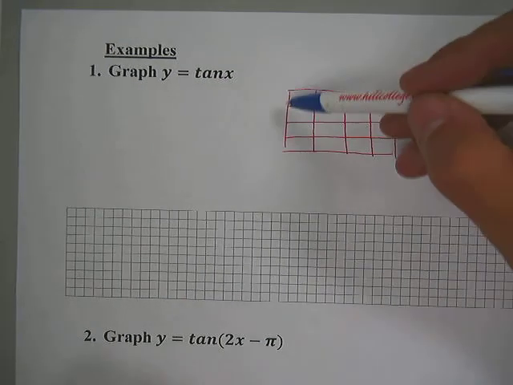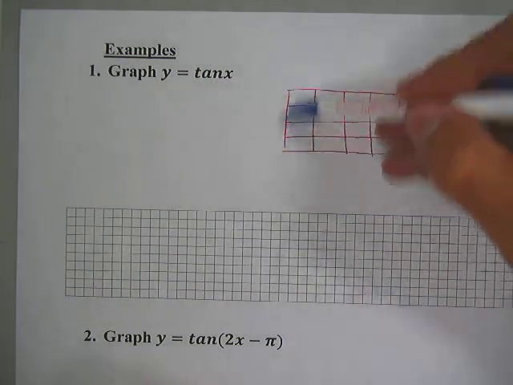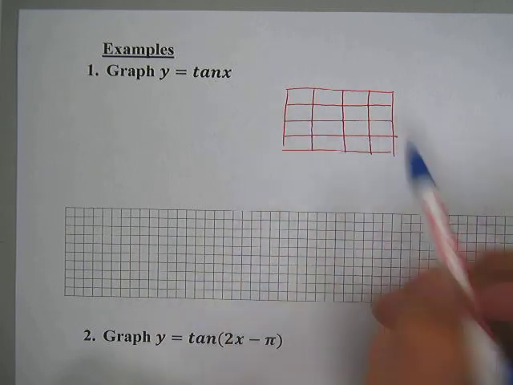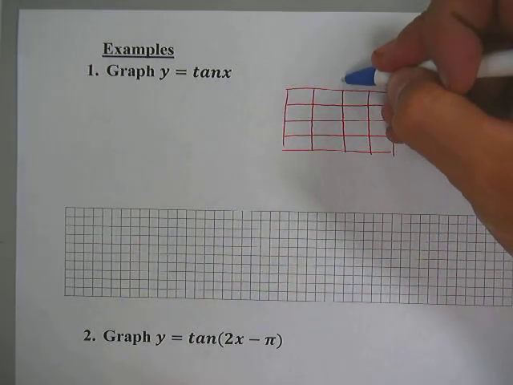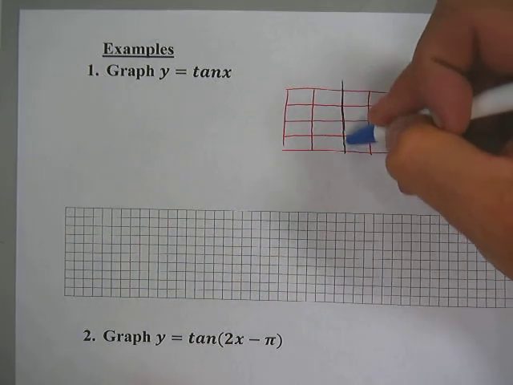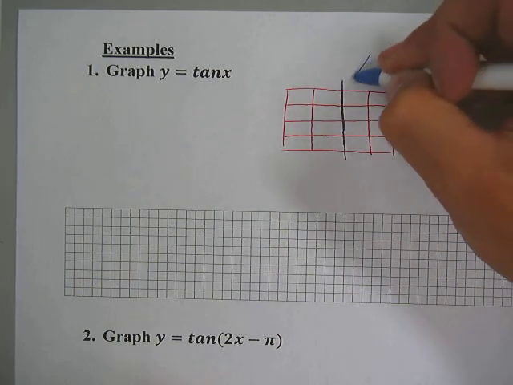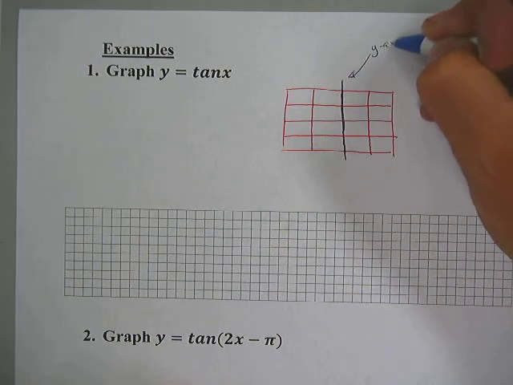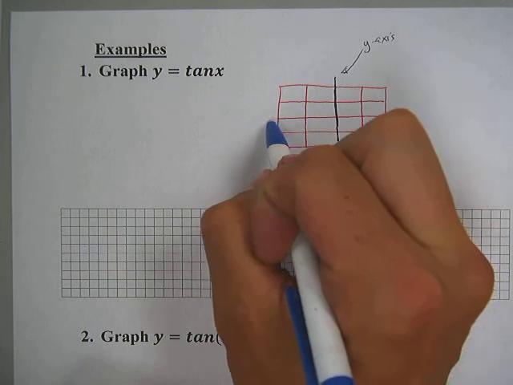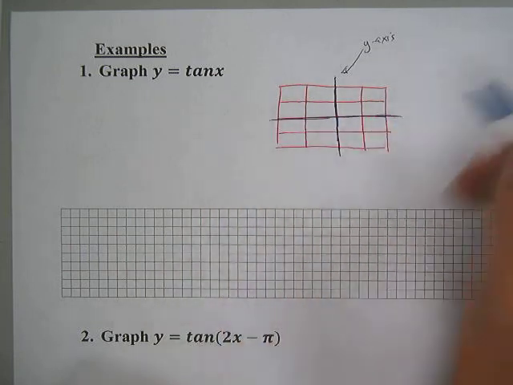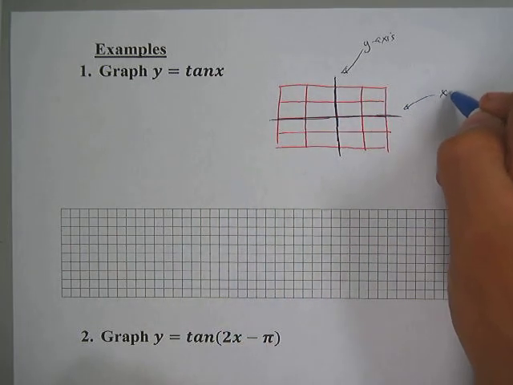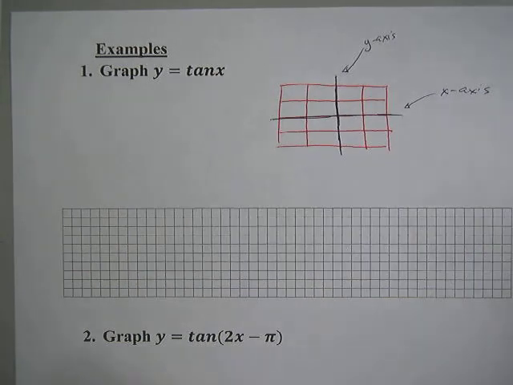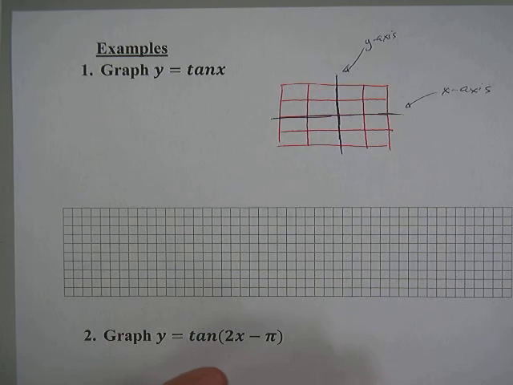Now, the first thing that's different about tangent versus sine and cosine: if you remember, with sine and cosine, this line represented the y-axis and this represented the x-axis. Well, you have to imagine this right here representing the y-axis this time, and this representing the x-axis.